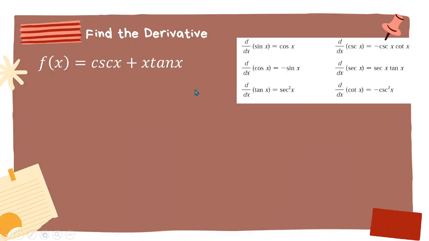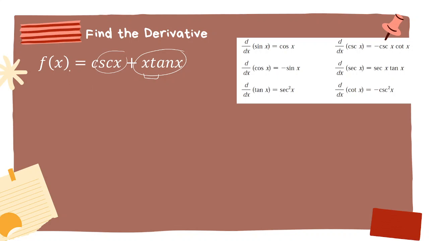Dito, saan kaya magkaka-product rule dyan? Every dalawa yung term. Oo, magkaka-product rule ka, which is this one. Tama.